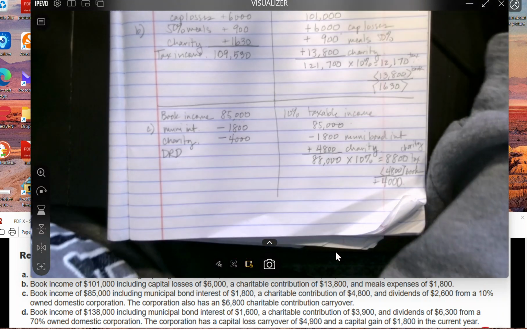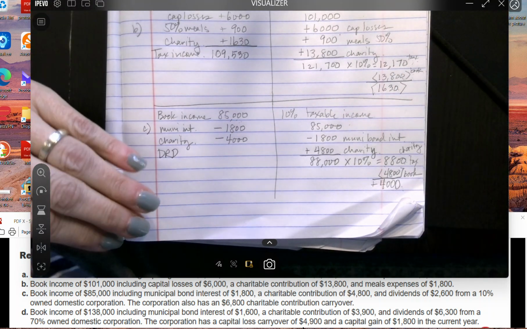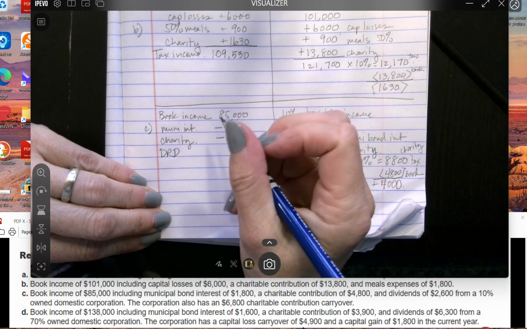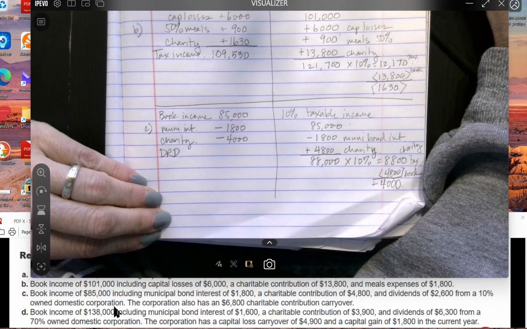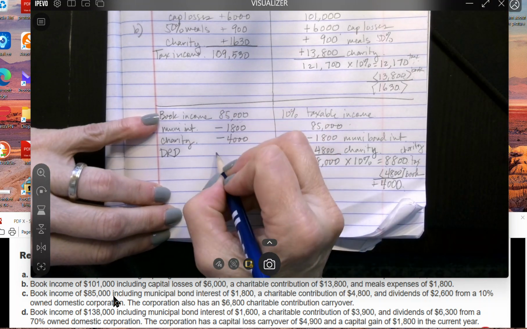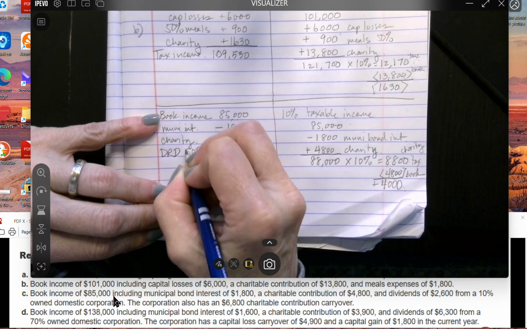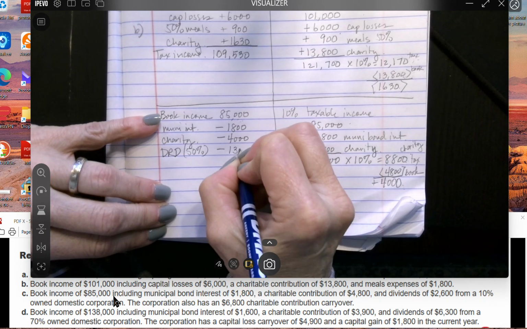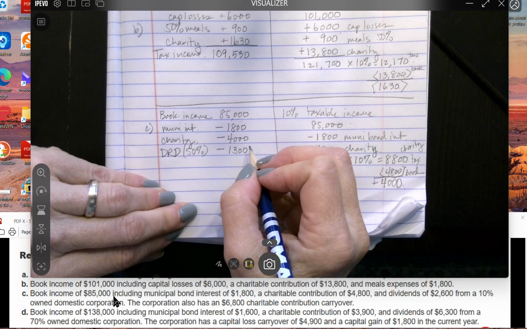But what the question is asking for is what is the taxable income? So in that case, we do have to subtract it. So our dividends received deduction, we take it's $2,600 from a 10% owned domestic corporation. So 50%. So we're going to subtract $1,300 from that calculation.